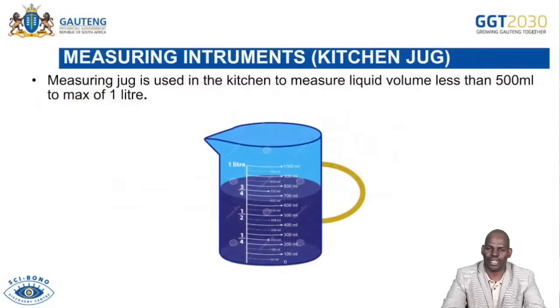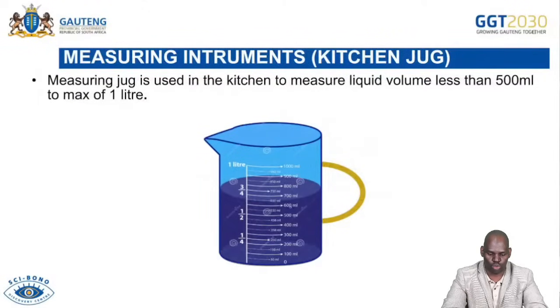And then we've got a kitchen jug. If you've got a kitchen jug, you must also be able to take the readings. If you look at this one, it starts with 50 milliliters, and it goes to 100 milliliters, and then 150 milliliters. In some cases, the examiner will not give you those readings in between, so you must be able to interpret it.